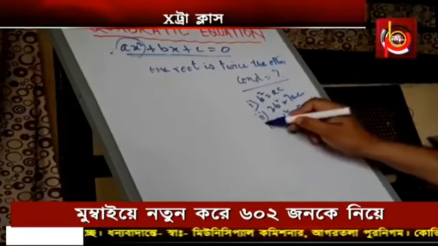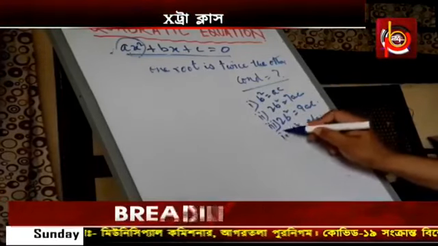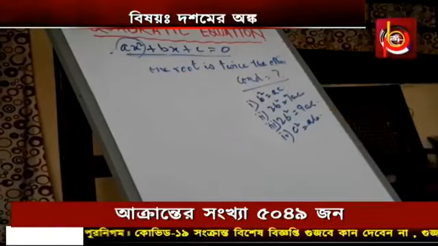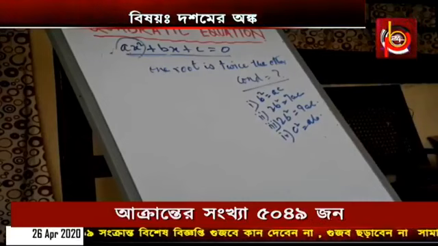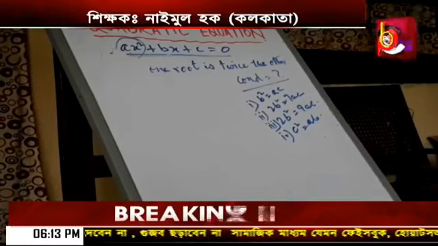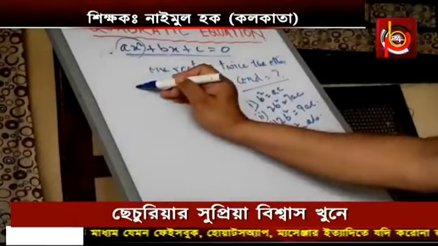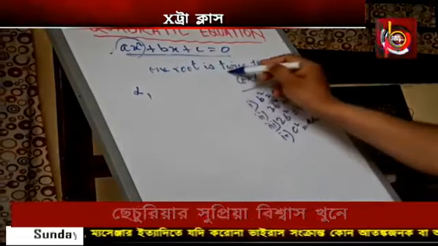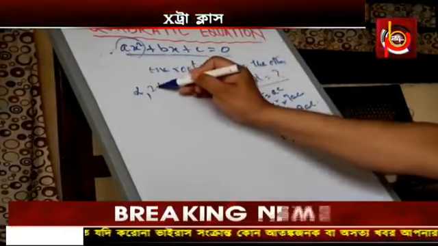Now we have to check which option is correct here. See, what is given: one root is twice the other. So here one is alpha and another is twice the other, meaning 2 alpha.